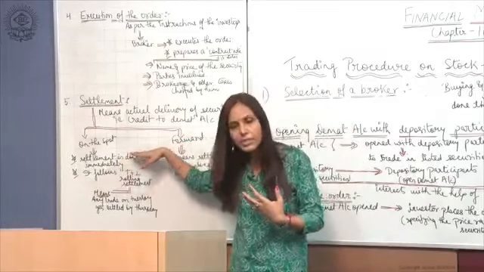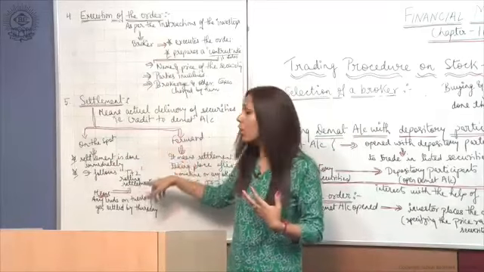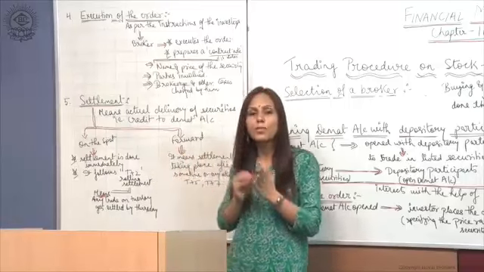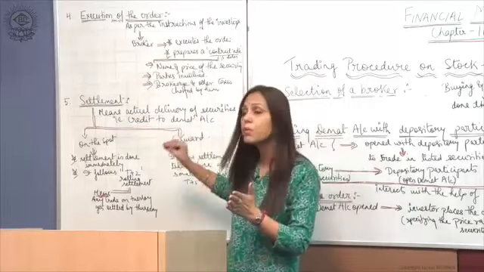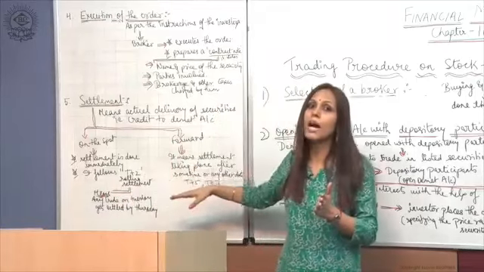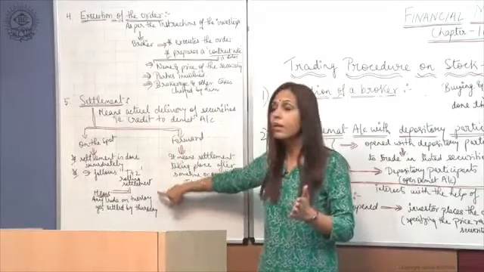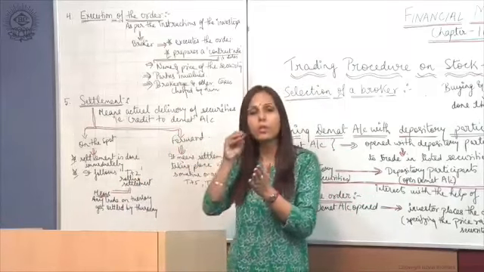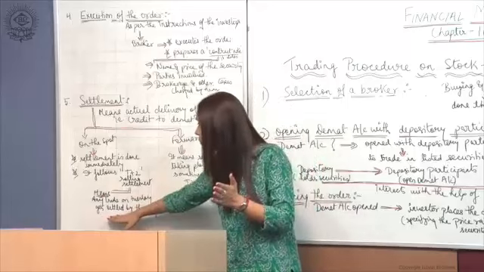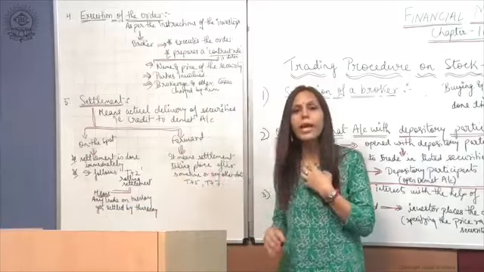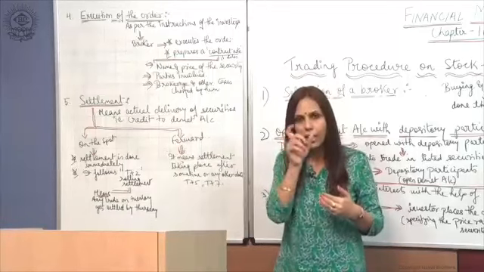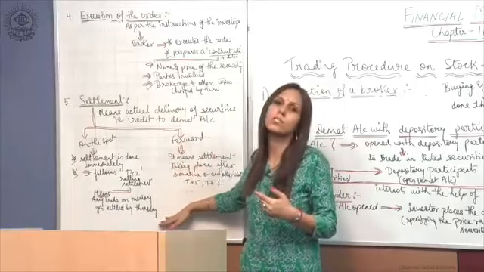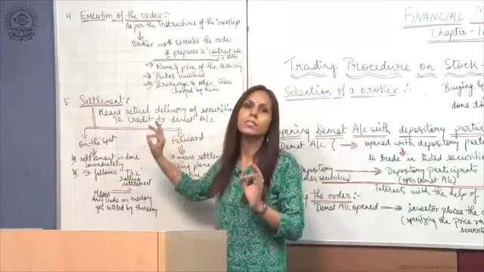And this settlement follows T+2 rolling settlement, which means that any trade done on Tuesday will be settled by Thursday. If we do a transaction on Tuesday, our demat account will be settled by Thursday. So this is called on the spot settlement.